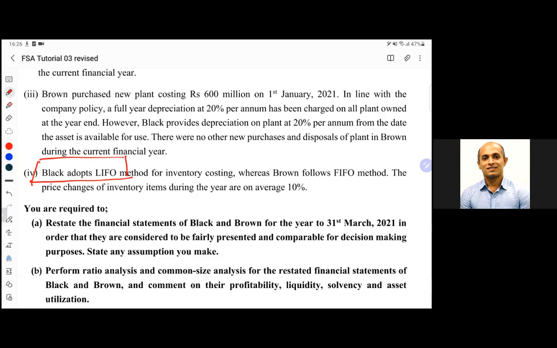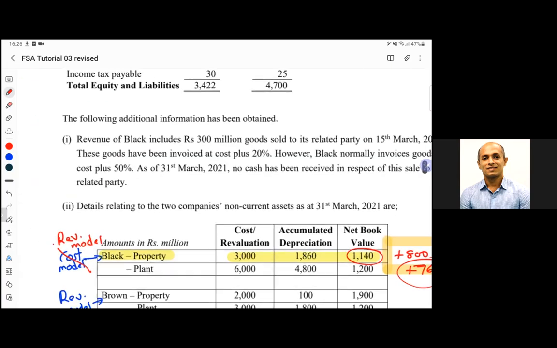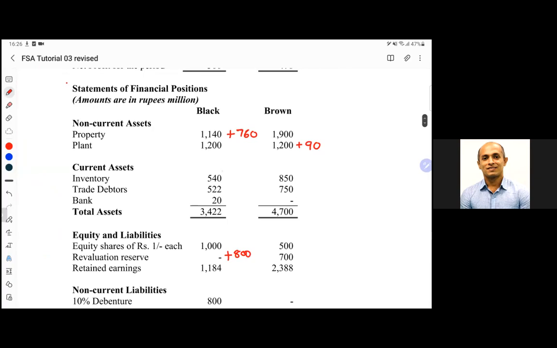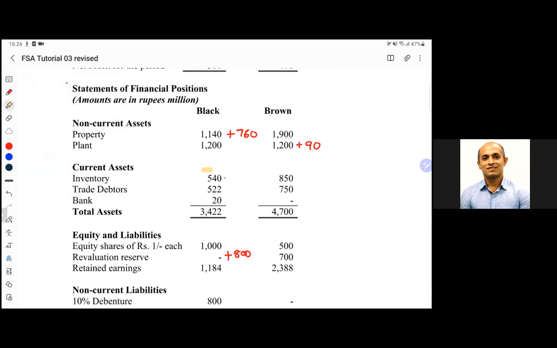Right. Now how are we going to adjust? Black's inventory value is 540.